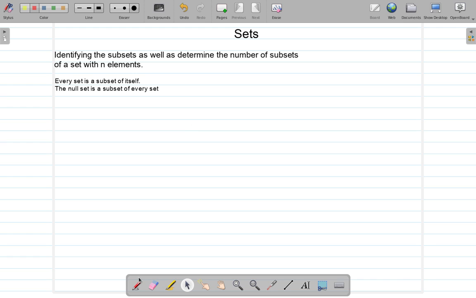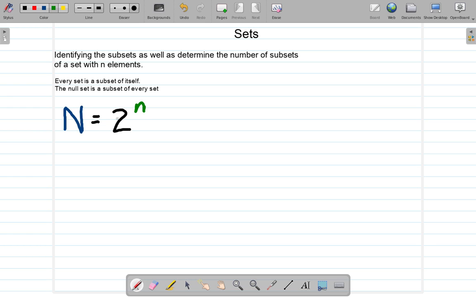Now, I saw somewhere online what they said. They gave this formula: the number of subsets in a set is equal to 2 to the power of the number of elements in the set. Alright, that's what they said.